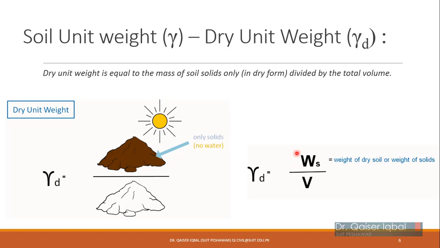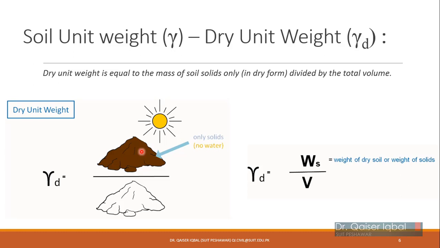Then we have dry unit weight, and it is represented with gamma D. Now, as the name indicates, in this case the soil is dry. Commonly, how we dry the soil in the laboratory setting is we just put it in an oven and heat it at 110 degrees centigrade for 24 hours.